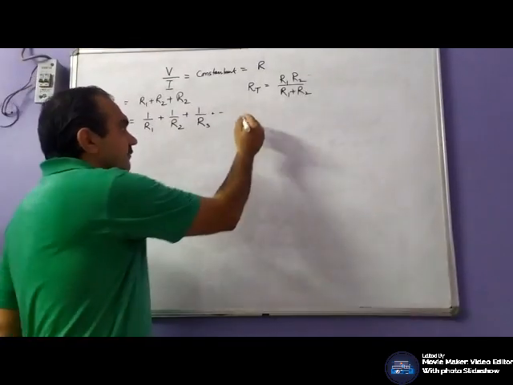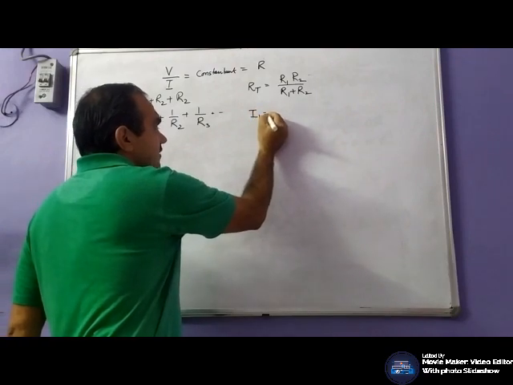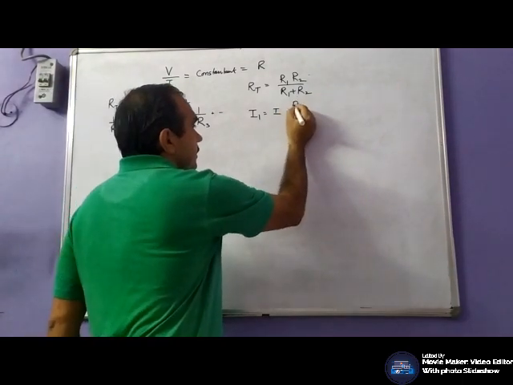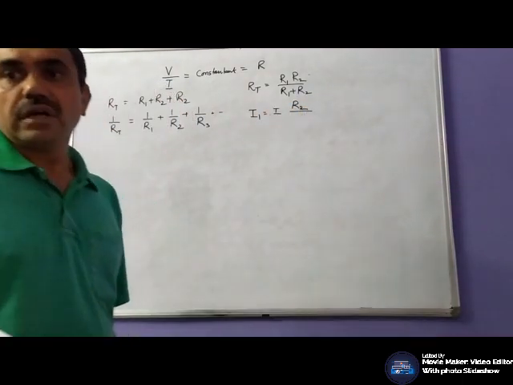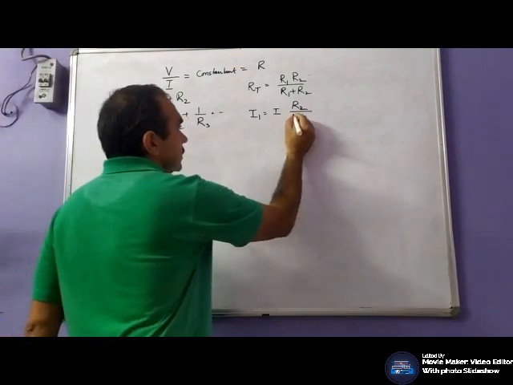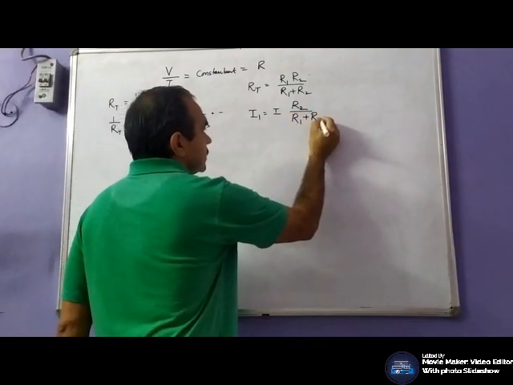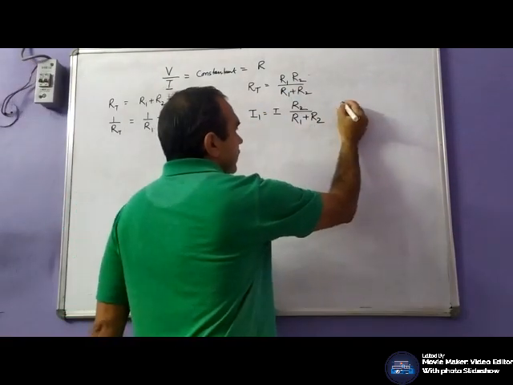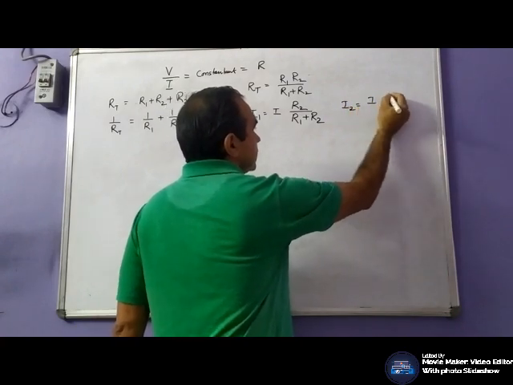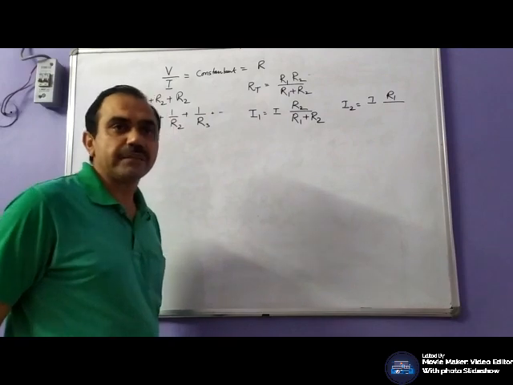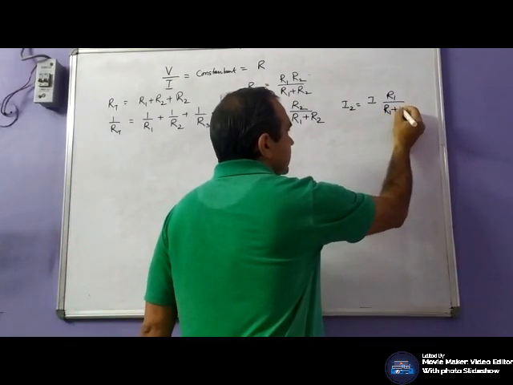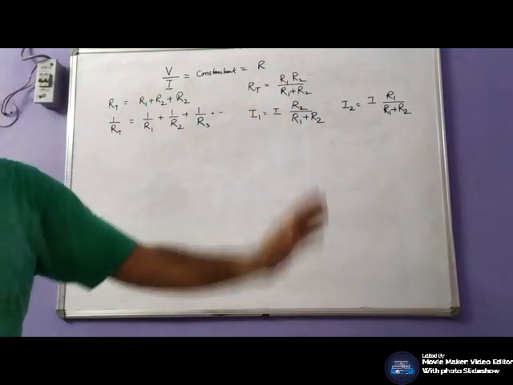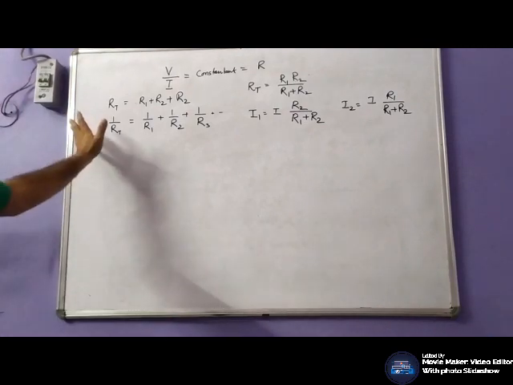And likewise we found the currents. In the first branch, the current is the total current times the resistance of the other branch, divided by the sum of the resistances. Likewise, I2 is the total current times the resistance of the other branch, divided by the sum of the resistances of both branches. So we have discussed these things in the last lecture.